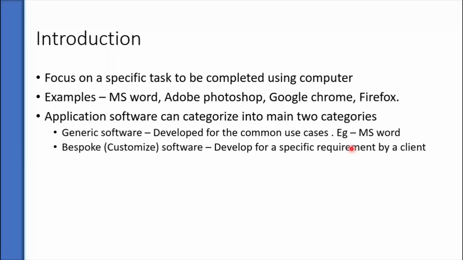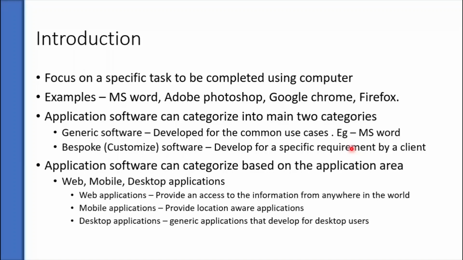It tests whatever you want, and that software would support only specific cases. Sometimes you want software that runs only under Linux operating systems, some sort of flavor. Then the software development company follows only the instructions given by the client. Now you are clear about what generic software and bespoke software are.